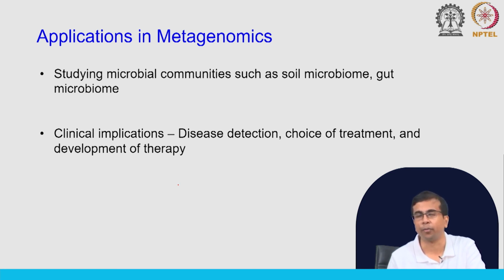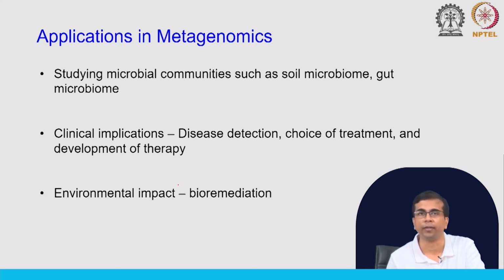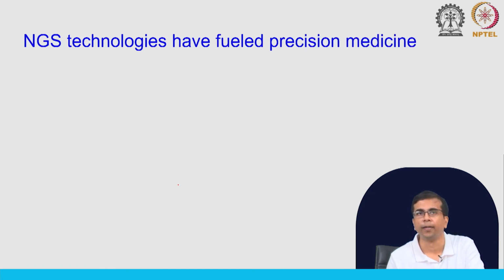Probiotics are a direct outcome of this. You can also use metagenomic studies for environmental bioremediation, where you can design communities of microbes to clean up certain pollutants such as plastics or hydrocarbons, etc.